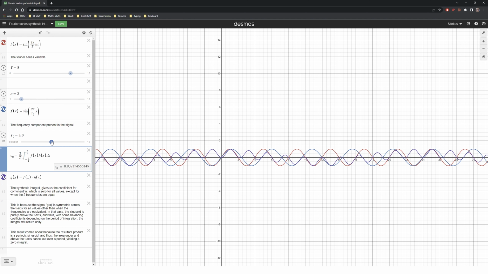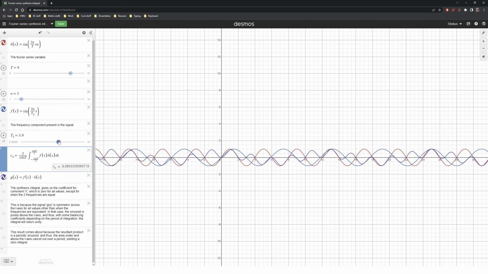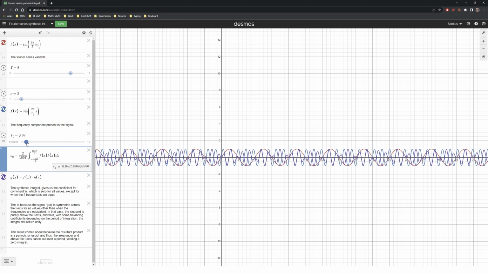It kind of tapers off the further away we go from the period. And if I increase this period to say like 100T, right? So we're integrating over a very large period. And we look at it, we'll see that this problem is much less pronounced.